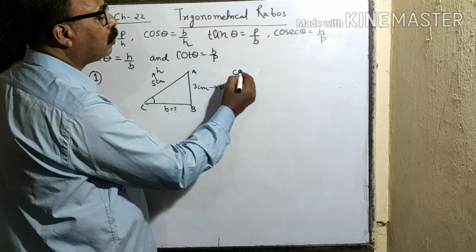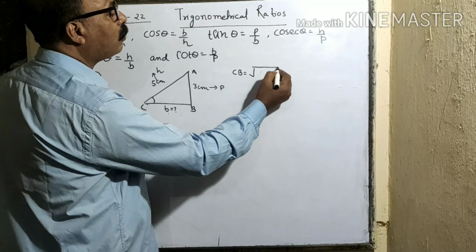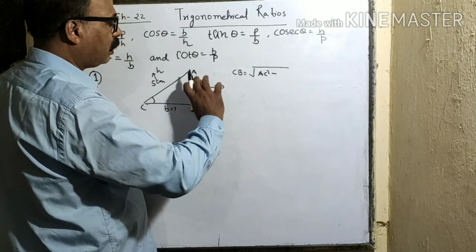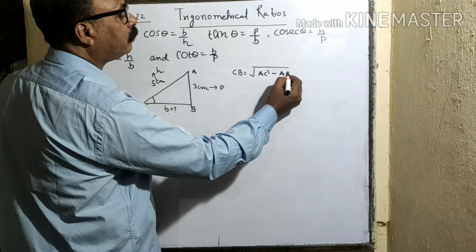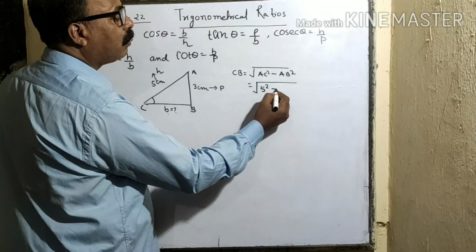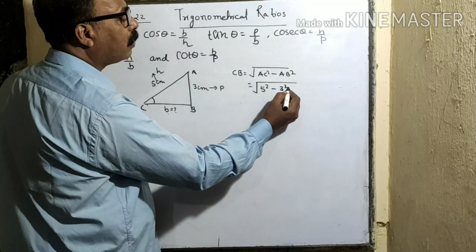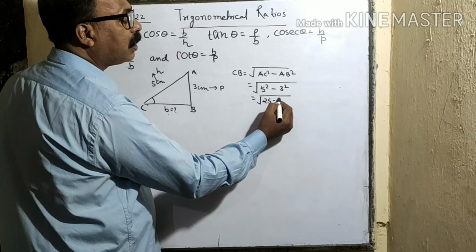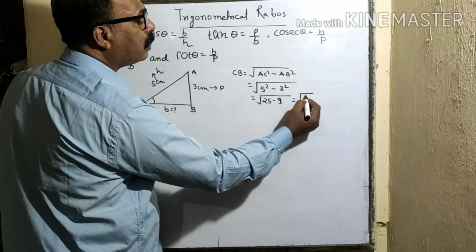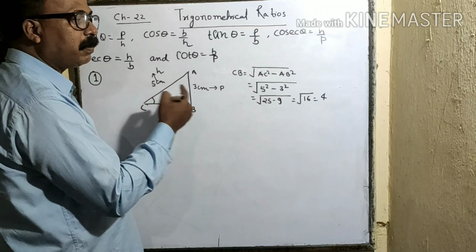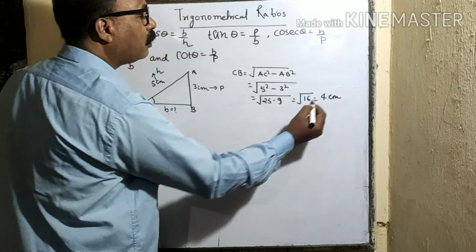CB length will be root over AC square minus AB square, so root over 5 square minus 3 square, that is 25 minus 9, which comes out as 16. So that is equal to 4. Since the unit provided here is centimeter, it will be 4.